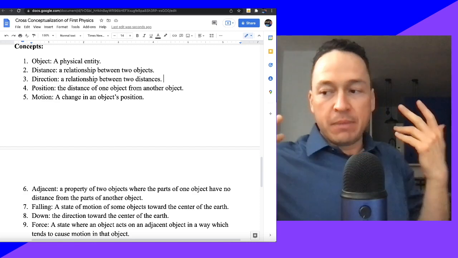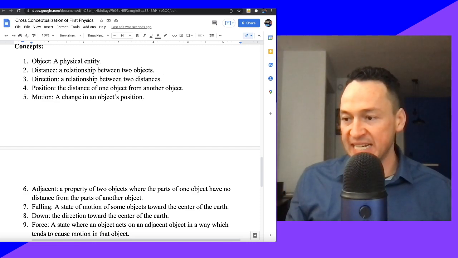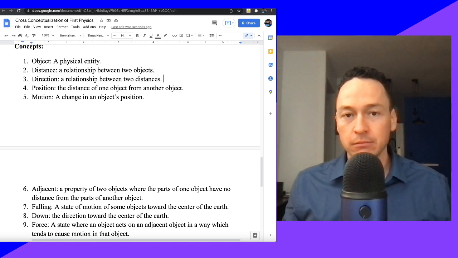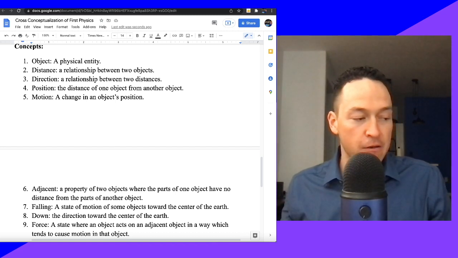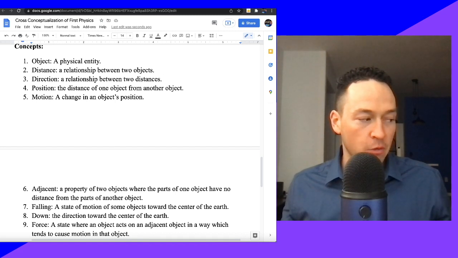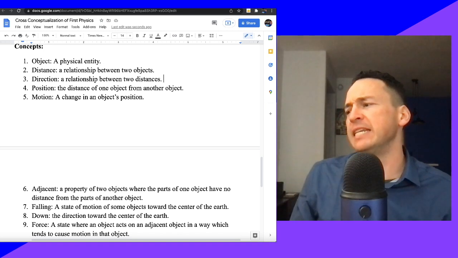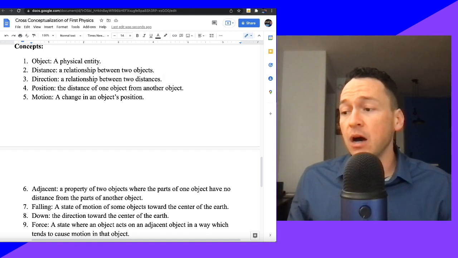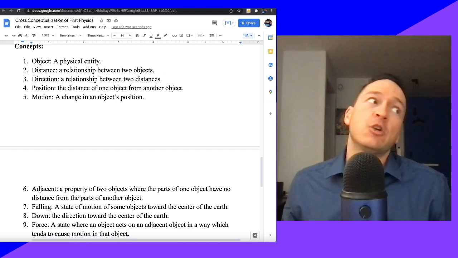Now, it would be great if we could define direction in terms of some deeper idea, but for now, that's all I got. And you know what's crazy about this is even in the modern day, I don't know if we have a deeper way of describing this. We might, but we certainly have deeper ways of measuring it, like the Cartesian coordinate system. Or like that Cartesian coordinate system doesn't measure it, but it quantifies it.